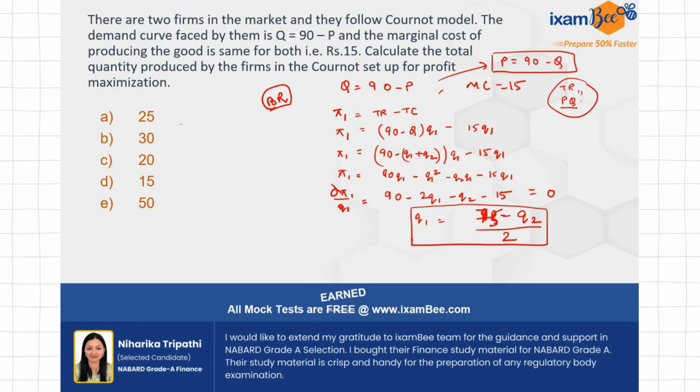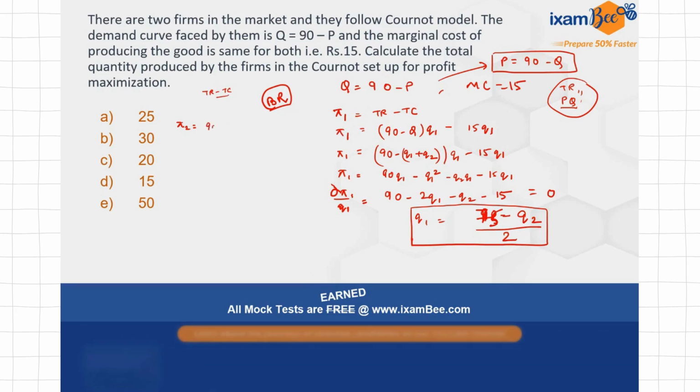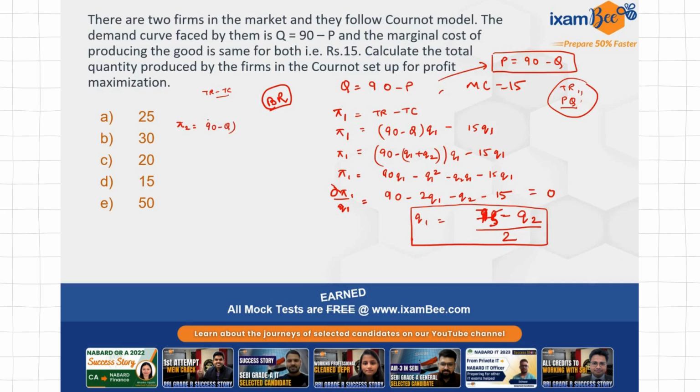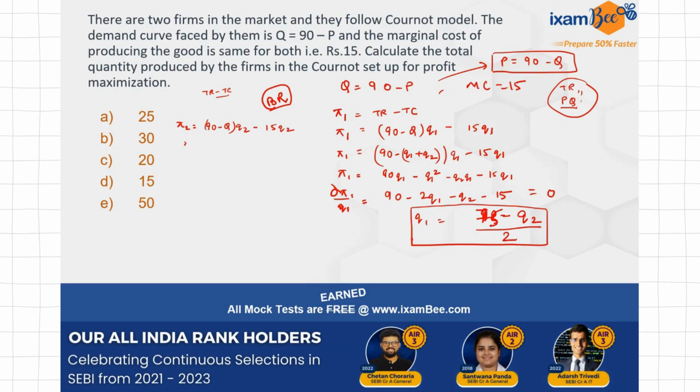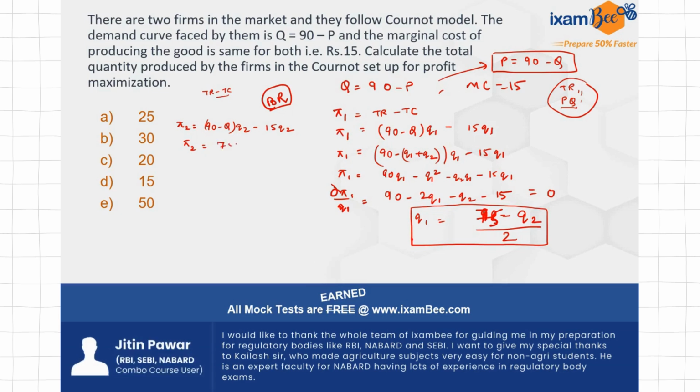Similarly, the profit function for firm 2, pi 2, is total revenue minus total cost, which is (90 minus Q) times Q2 minus 15 Q2. Simplifying, pi 2 is 75 Q2 minus Q2 square minus Q2 Q1.